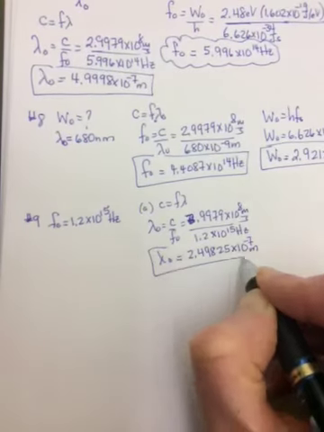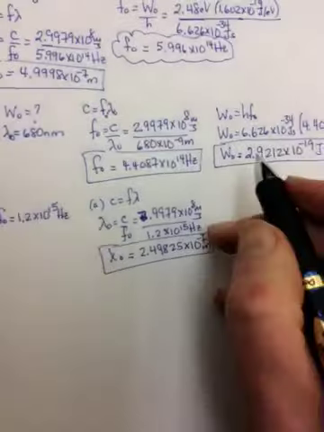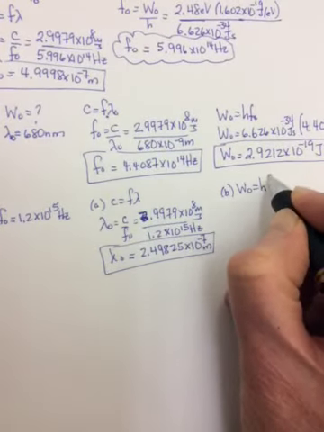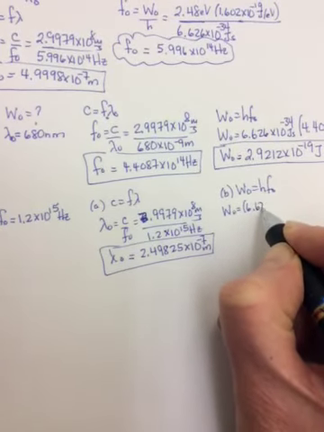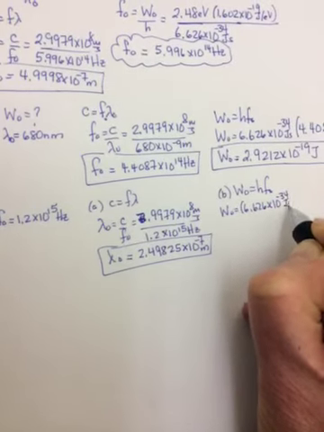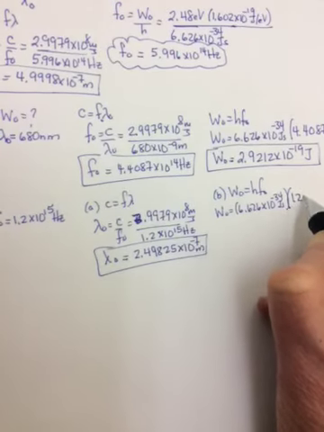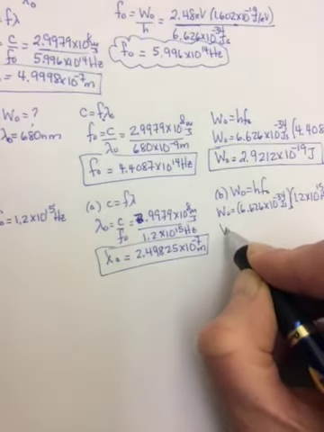Okay, so that's part A. Part B says, what is the work function? So WO equals HFO, which is 6.626 times 10 to the negative 34 joule seconds times 1.2 times 10 to the 15th hertz.